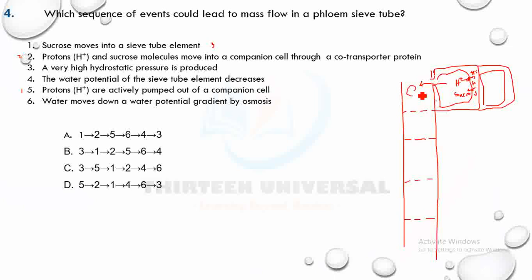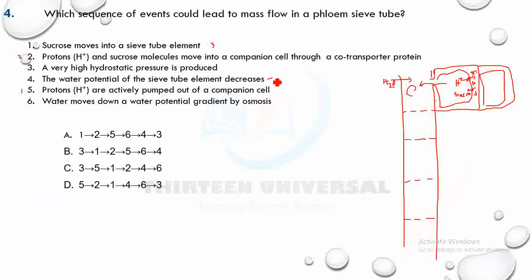Because sucrose is a solute, water is going to move in by osmosis, and that increases the water potential gradient. Water moves from neighboring cells by osmosis, and that increases the volume of assimilate here. Because we have more volume, that causes an increase in hydrostatic pressure. But meanwhile, once sucrose moves in, the water potential of the sieve tube decreases.